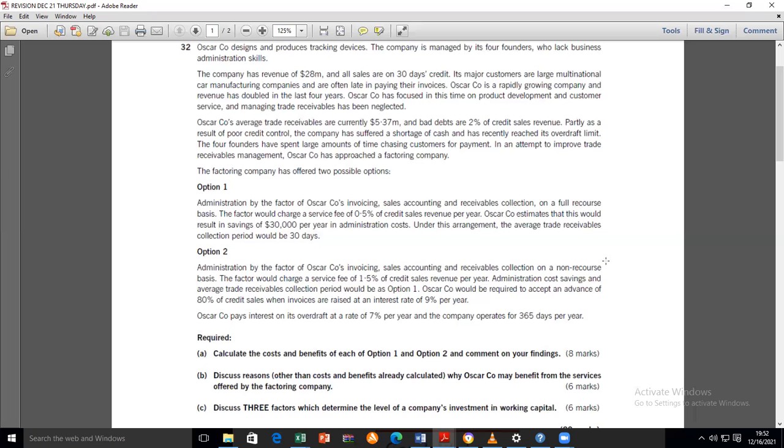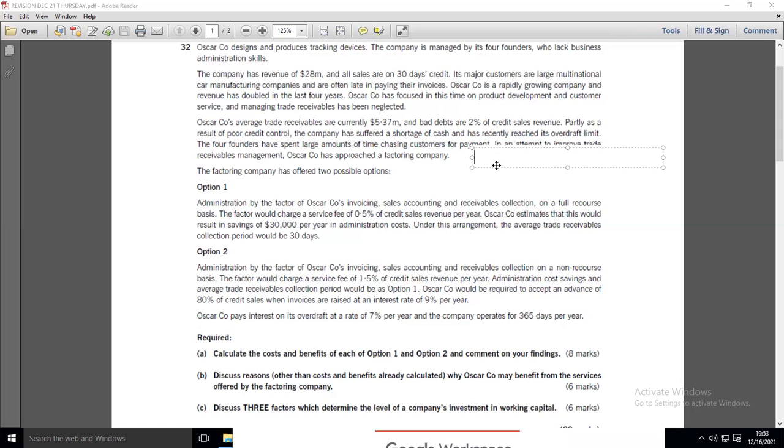What are the benefits of factoring? We can see that they can give us some finance, so we can have our inventory in time.